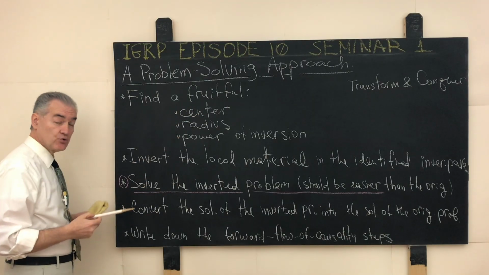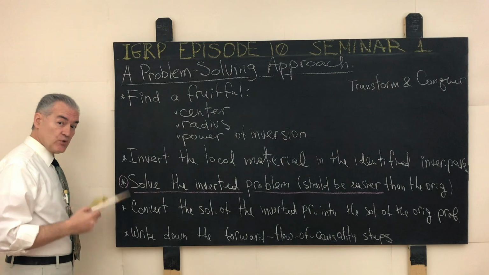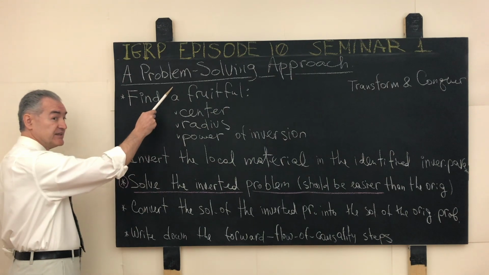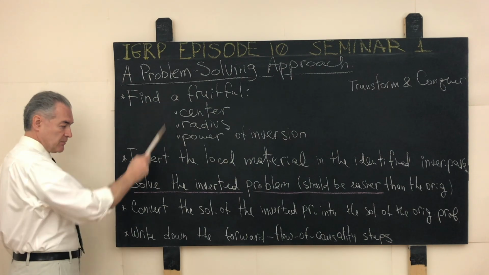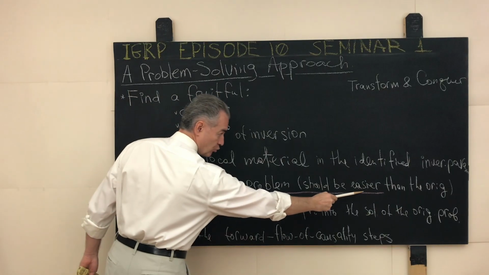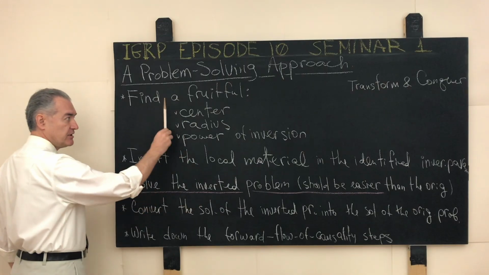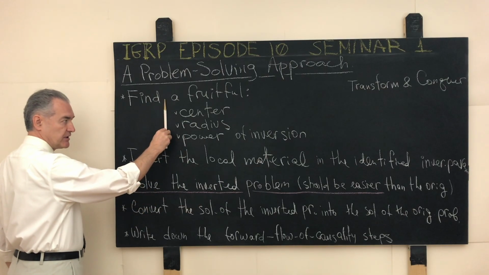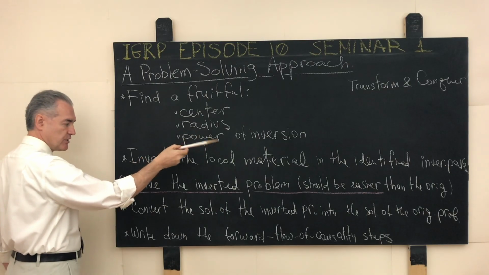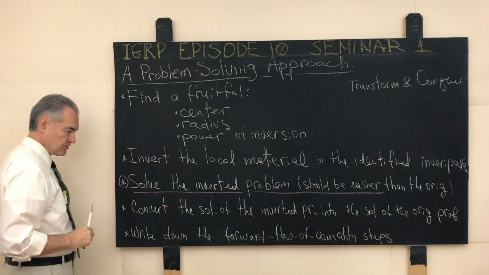And the point is to arrive at a situation where the original difficult to solve problem becomes easier or more tractable in the inverted state under the cleverly, let's say, chosen parameters of inversion: the center, the radius, the power, and the number, and the composition of inversions.